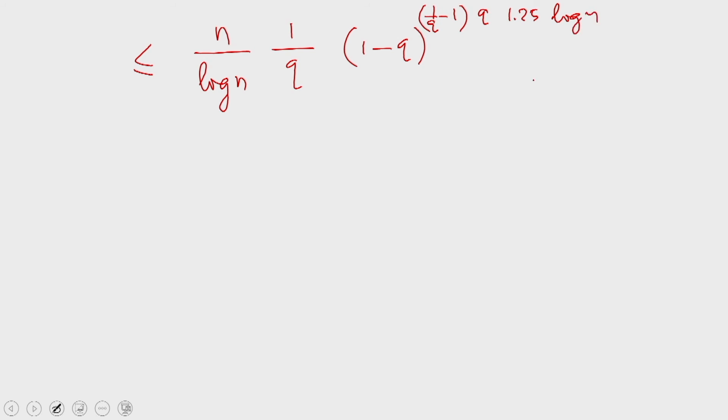That is because 1 minus 1 by m power m minus 1 is greater than e power minus 1.